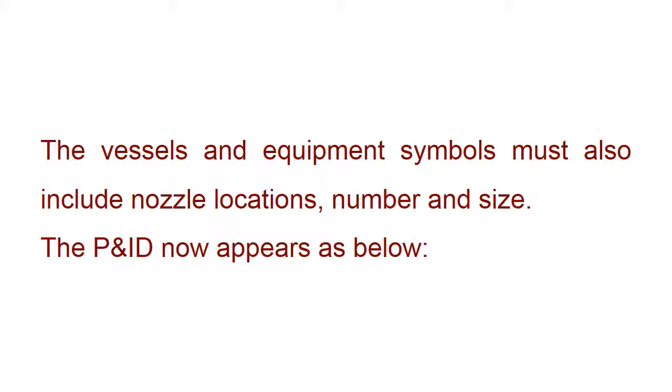The vessels and equipment symbols must also include nozzle locations, number, and size. The P&ID now appears as below.